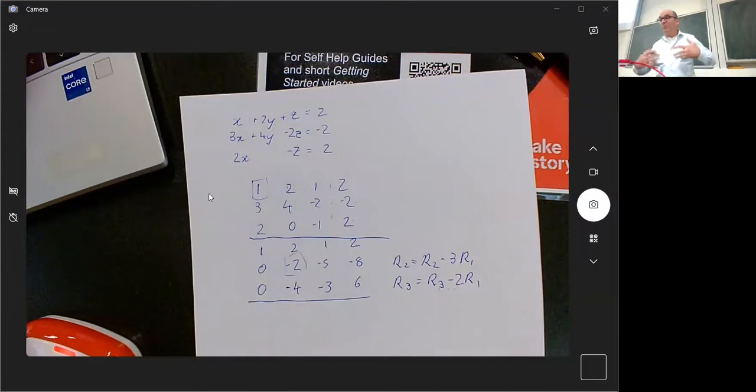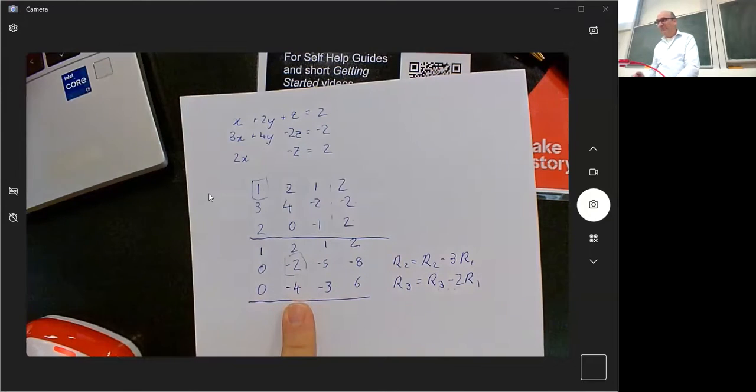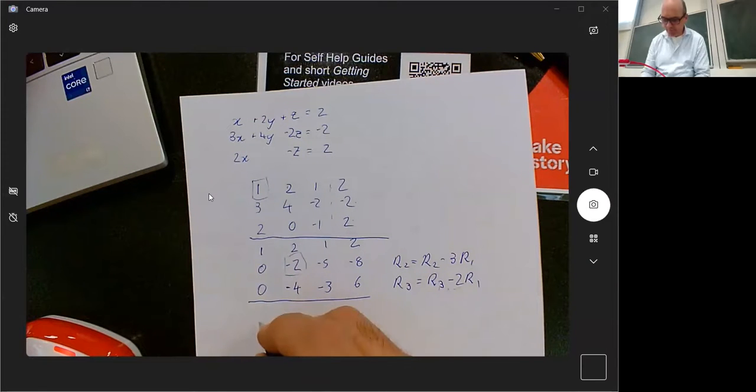So the first thing I did, in actual fact, is I looked at the row below and asked, I couldn't make that 1 easily, could I? Because I might be able to swap. Like if this was a 1, maybe I could swap the rows. But in this case, I'm just going to divide through by minus 2. So I'm not changing any of these other rows, so I can fill them in straight away.